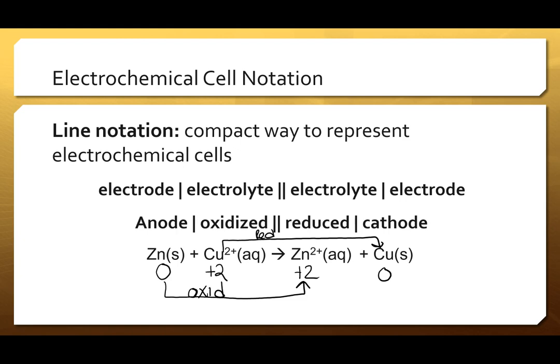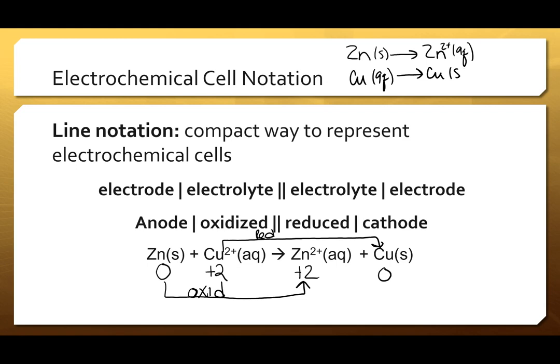Okay. So then let's draw our two half reactions. We're going to have zinc solid becomes zinc ion aqueous, that's our electrolyte. And then we're going to have copper 2+ aqueous to copper solid.